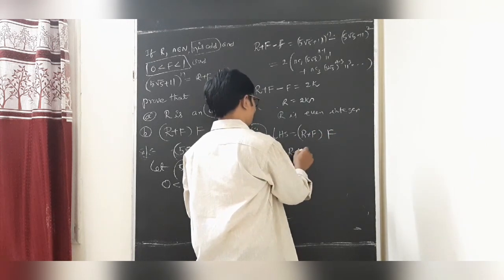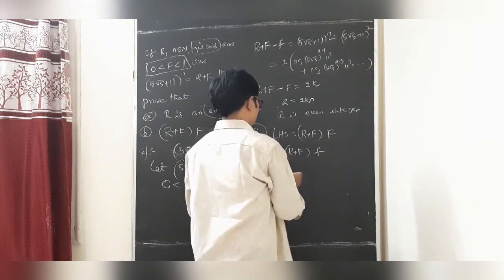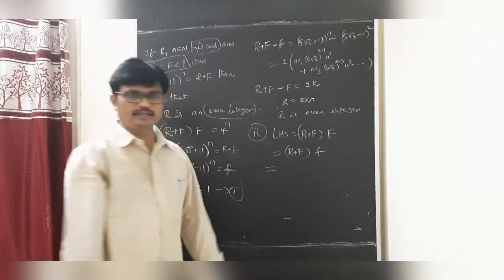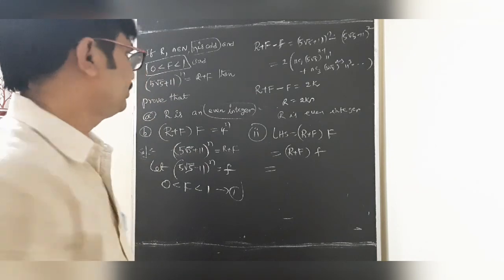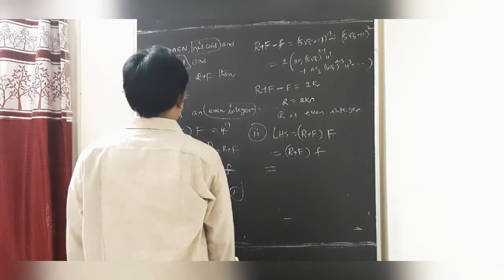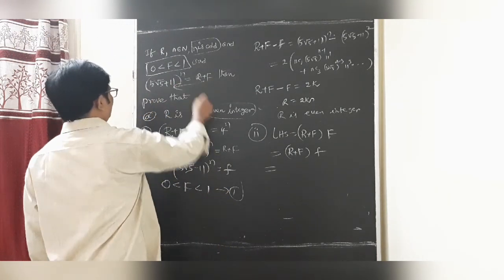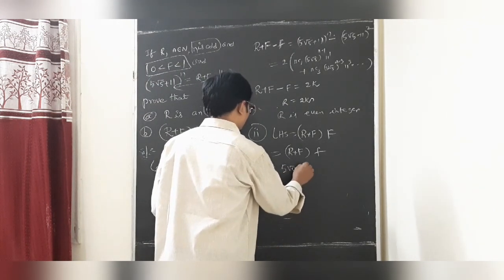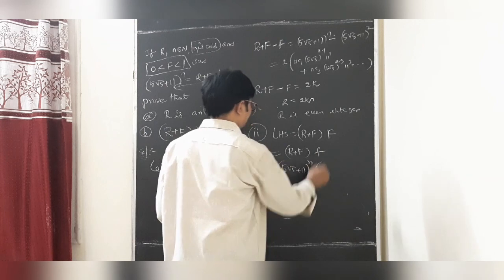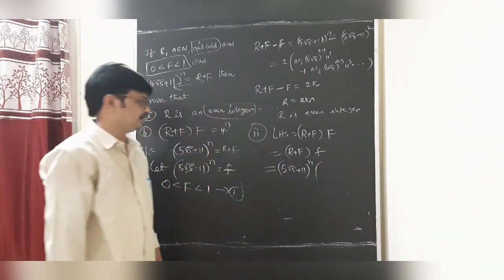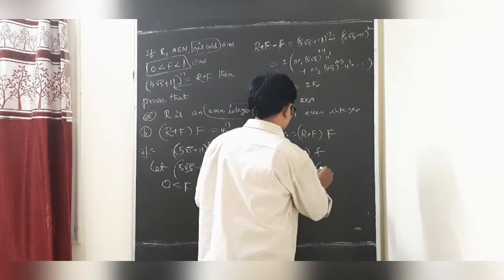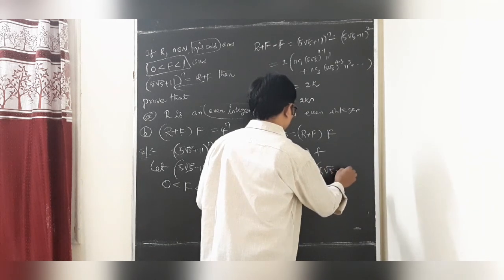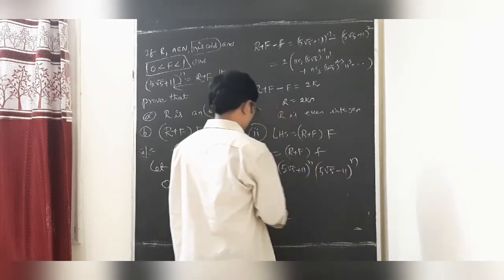This is what, students? r plus f, capital F is the small f. So my dear students, r plus f is undoubtedly this one: 5 root 5 plus 11 whole power n. The small f is 5 root 5 minus 11 whole power n.